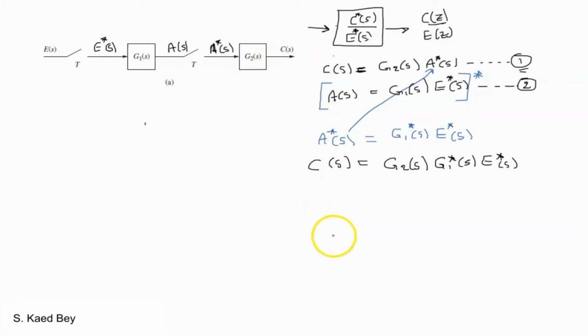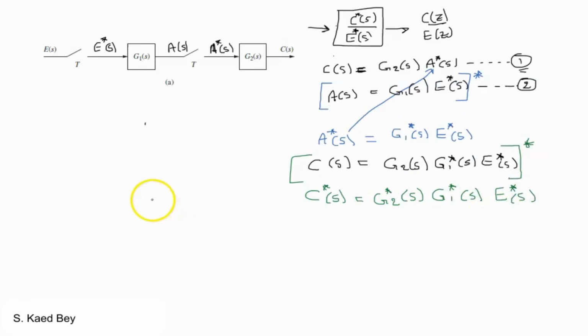So if we apply the starred Laplace formula again on C of S, we get C star equal to G2 star, G1 star of S and E star of S. Now substituting the relation Z equals e to the power sT, or S equals 1 over the period times ln Z, in this case we can get the equivalent Z transform of the above.